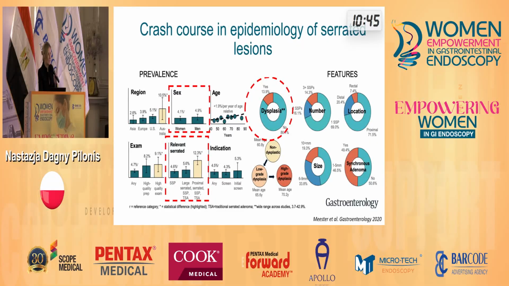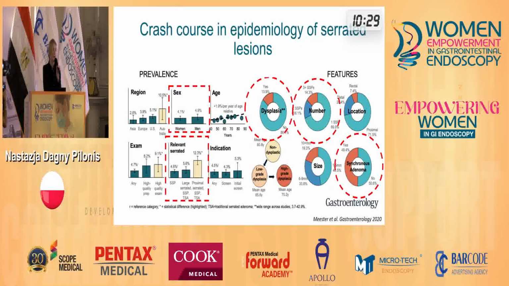Around 13% of all of them will be dysplastic, so will carry some precancerous potential. Another thing that I think is very important: they're like mushrooms. If you find one, there is a very high probability that you will find a second one or a third one, because up to 30% of them are diagnosed in more than one number.